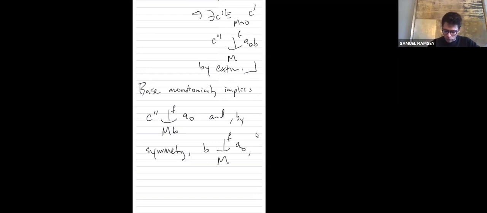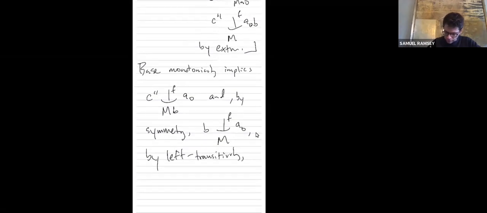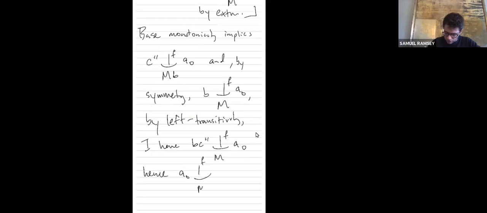So what does this look like? This looks like transitivity. So by left transitivity, I have B C prime prime is independent over M with A0. Hence, A0 is independent over M with B C prime prime by symmetry.